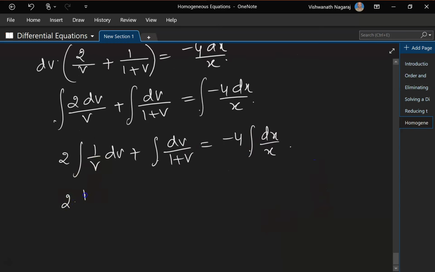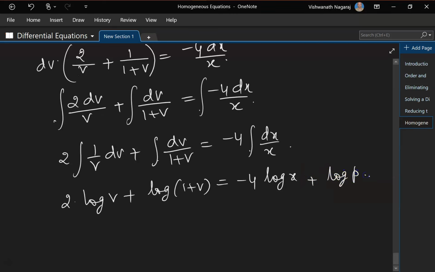Very straightforward. This is log v, plus this is log (1 plus v). This is again log x. And remember, when you have logs, the initial integration constant also you take it as log. Let's say log p. Now let's rearrange them.